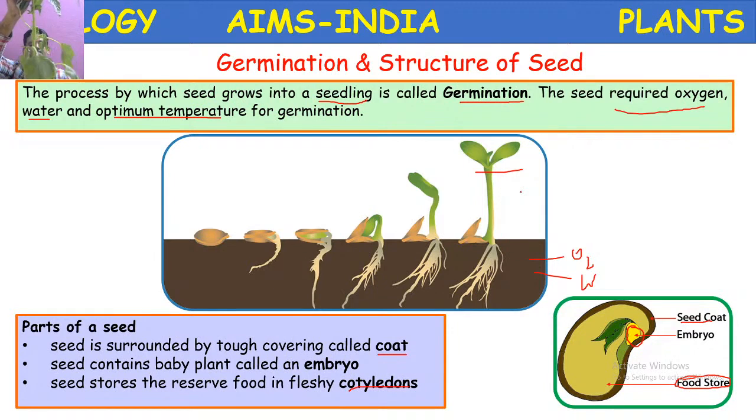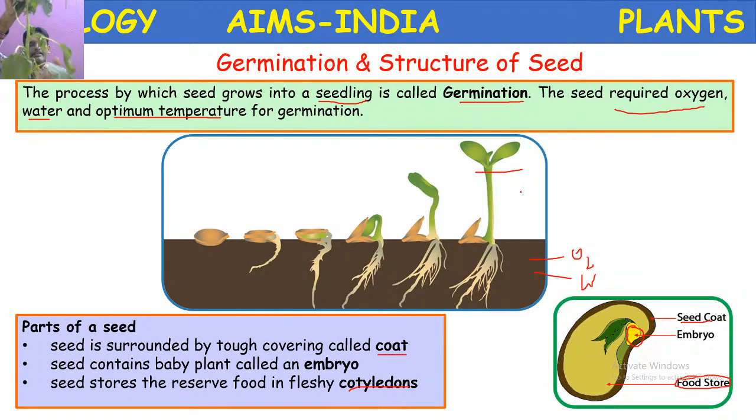The shoot system consists of several parts. These are nodes. From the nodes, leaves, branches and flowers develop. The gap between two nodes is called an internode.